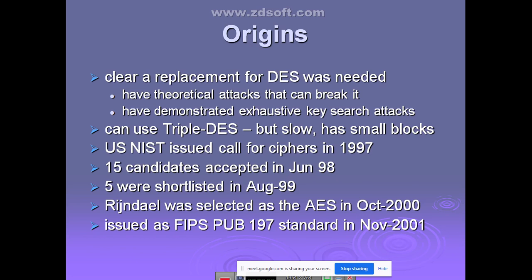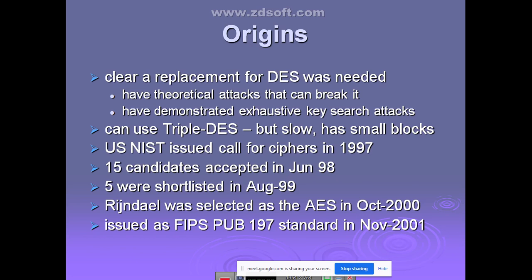Are you getting the point? There are some drawbacks in the DES algorithm, right? It has some theoretical attacks that can break it. The cryptanalyst can break that code, that is possible, and it also has some demonstrated exhaustive key search attacks.